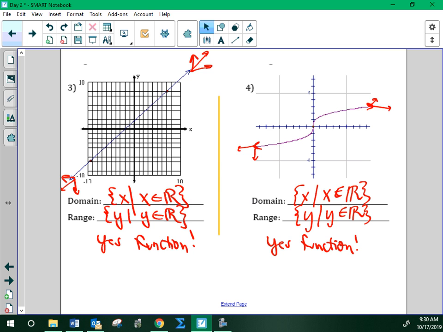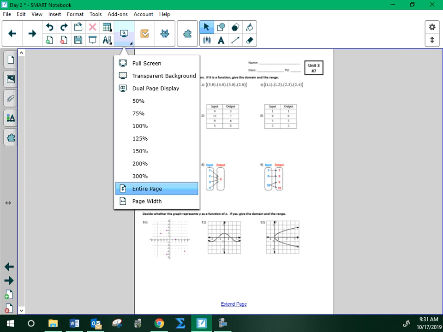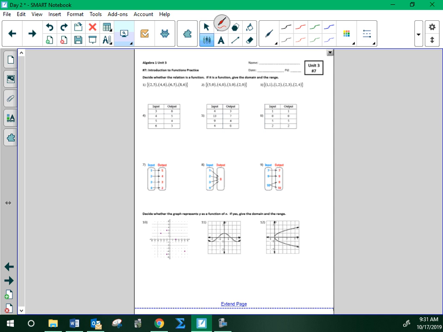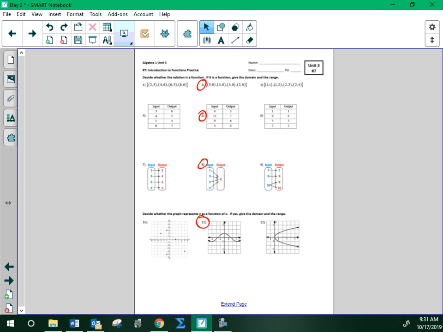Do we just write it's a function? Yeah, you can just say yes or no. You don't have to write out the domain and range. Feel free to work with those around you. Ask me questions. We're just gonna do some practice for our remaining time, and then at the end, I'll get you your homework.